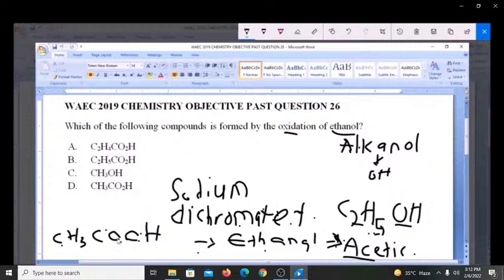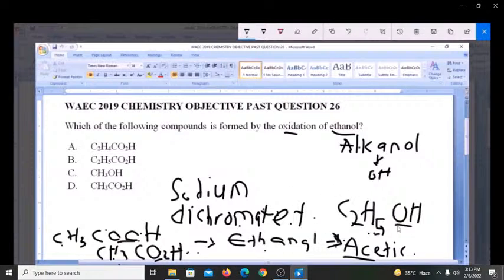And CH3COOH can also be written as CH3CO2H. The reason is because here you have two oxygen atoms, so represented by CO2H. So that is the process of the oxidation of ethanol.